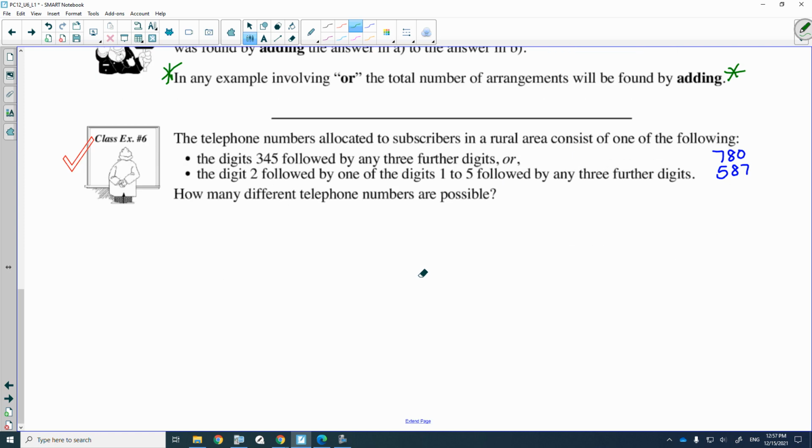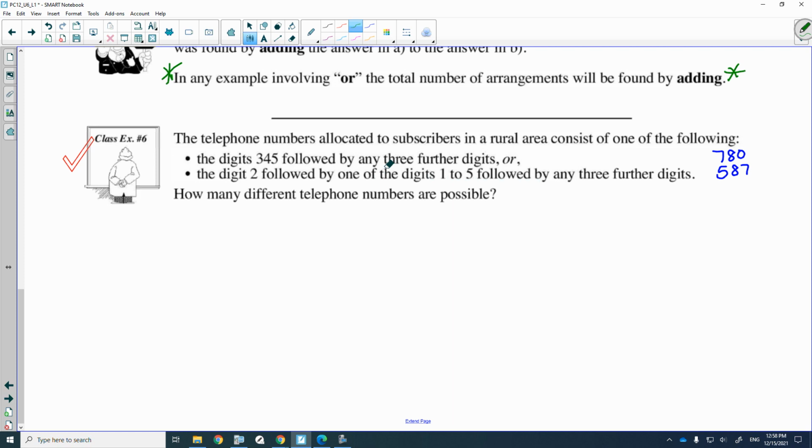Okay, numbers. So let's look at a numbers question. They're talking about a rural area, and it says when you move to this area, you get a phone number, right? And what happens is they're going to give you an area code. So just like for Edmonton, when you move to Edmonton, you don't know if you're going to be 780 or 587. Okay, so this is going to be an OR question.